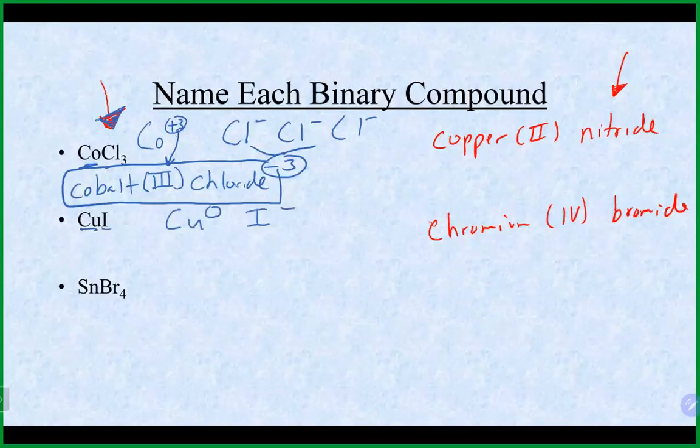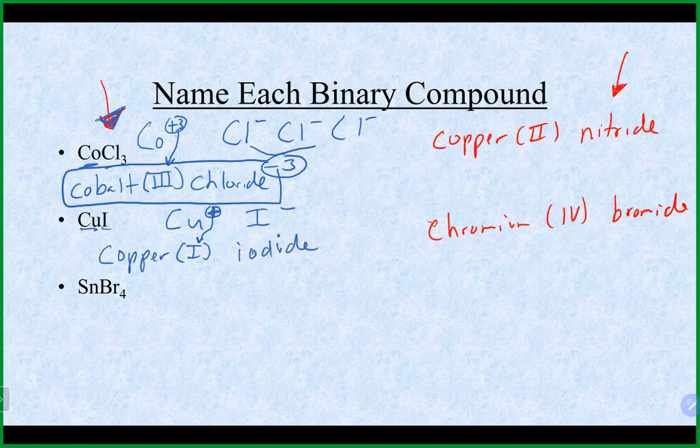So that means that the copper does need to be +1 to balance out the -1 charge on the iodide. Again, whole name of copper, Roman numeral 1 for the positive charge on the copper, and then iodide, -ide, at the end there for our iodine. Any questions on that one there?